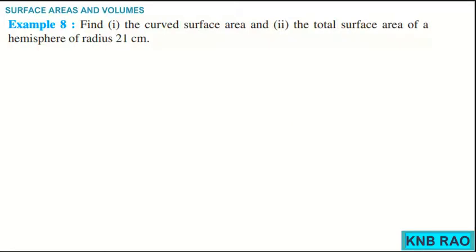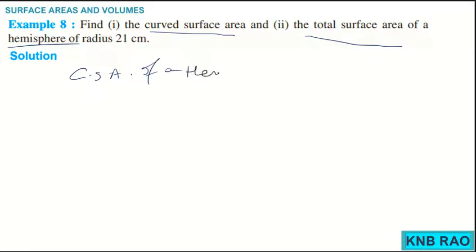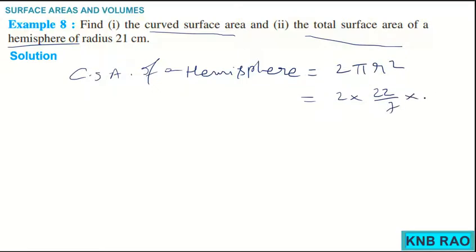Now, coming to example number 8, find the CSA and TSA of a hemisphere. Now, this is a hemisphere. So in the solution, first the curved surface area of a hemisphere is 2 pi r square, that means 2 into 22 by 7 into 21 into 21, the radius given as 21 centimeter, substituting it. 7 ones are 7, 7 threes are 21.